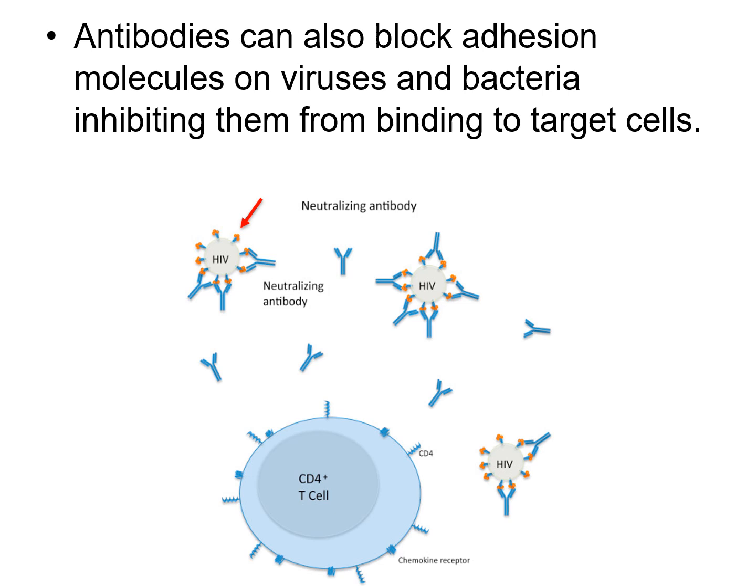Antibodies can also block adhesion molecules on viruses and bacteria, inhibiting them from binding to target cells. In this picture, we're looking at HIV, and it has these orange little wheels. And those wheels need to land on the road. So let's think of it as an airplane.